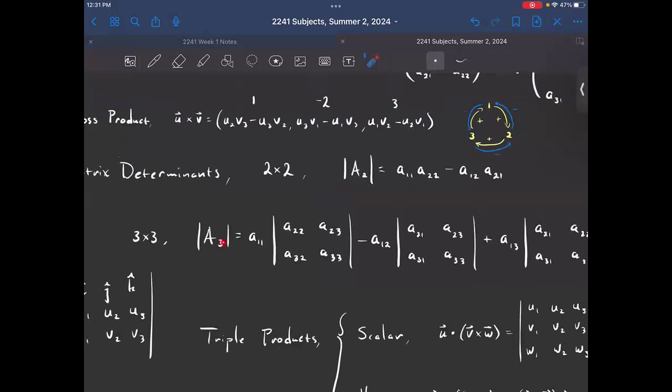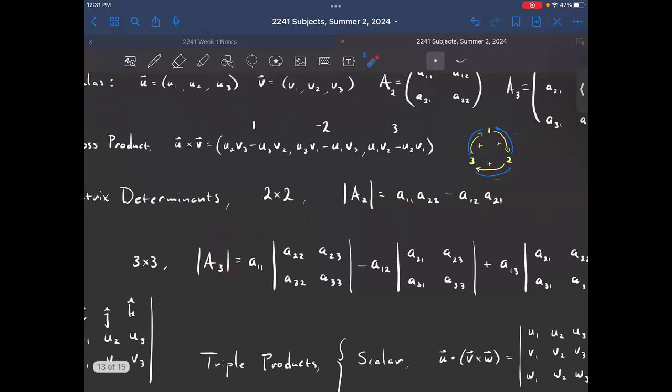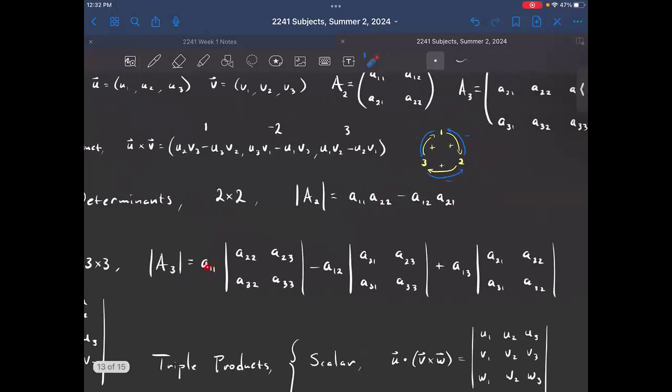But here we have A3 determinant is, all right, we look at the first row, first column, first row, second column, first row, third column. And if your column is even, you get a negative. If your column is odd, you get a positive. And then what do we multiply those by?